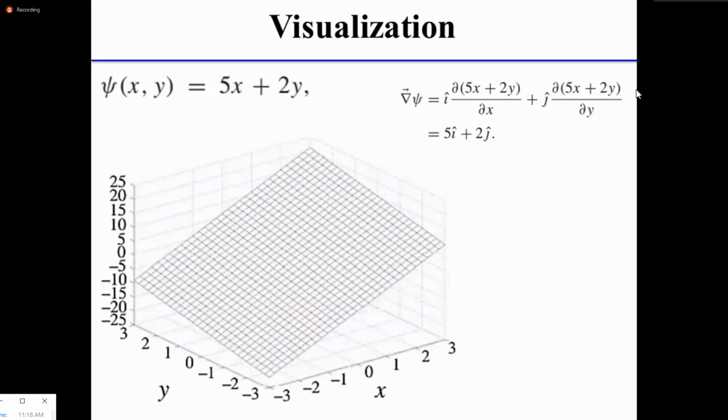Yes, Raghav. Raghav, please unmute yourself. Sir, why are we taking temperature function as a scalar function? Temperature is a scalar function. Do you think temperature is a vector quantity?